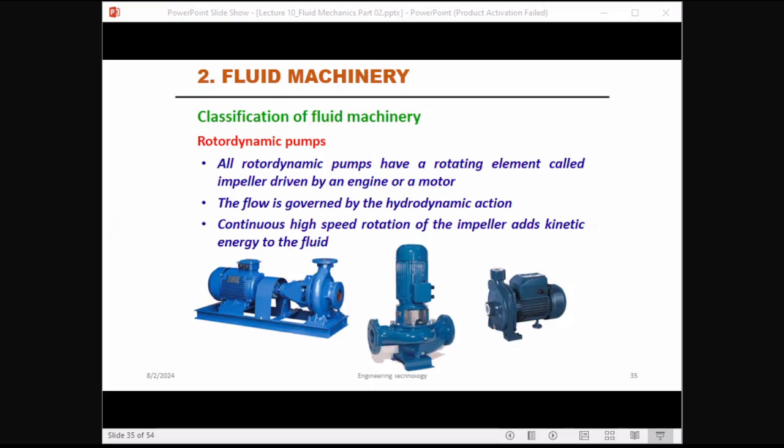This is the energy transferring method. The rotating element is the impeller, like the heart of the rotordynamic pump.